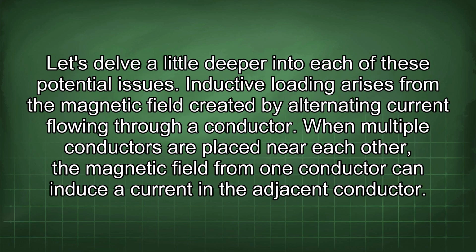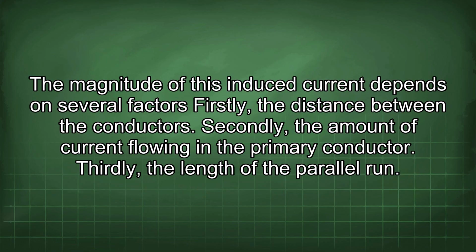Let's delve a little deeper into each of these potential issues. Inductive loading arises from the magnetic field created by alternating current flowing through a conductor. When multiple conductors are placed near each other, the magnetic field from one conductor can induce a current in the adjacent conductor. The magnitude of this induced current depends on several factors.